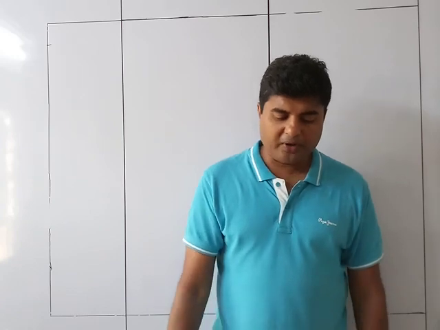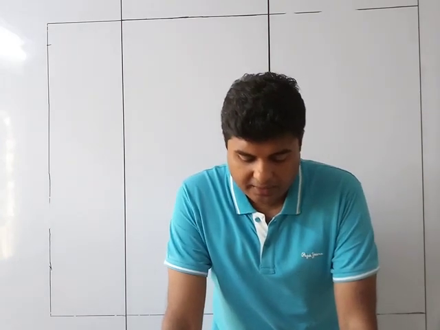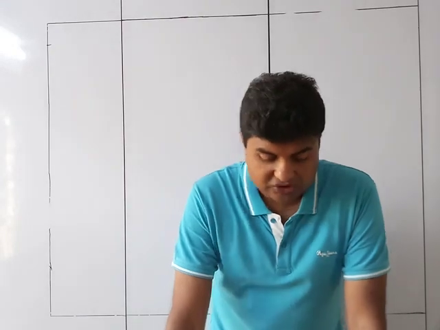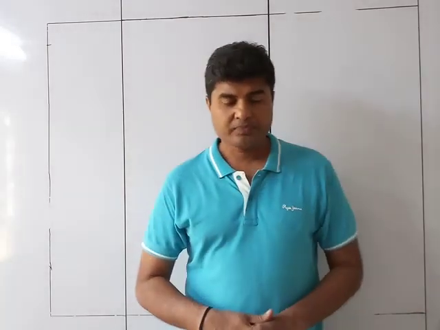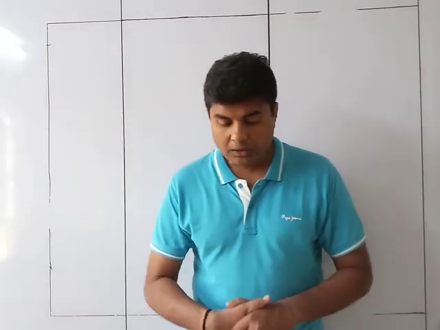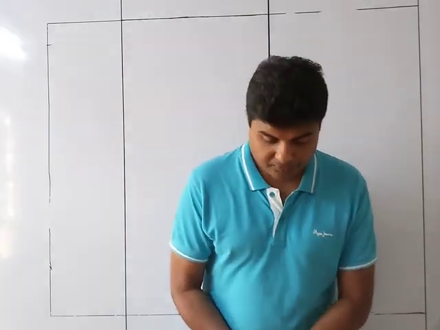So the modern periodic law states that the arrangement of the elements in the periodic table is based on the modern periodic law, which states that physical and chemical properties of elements are periodic functions of their atomic numbers.